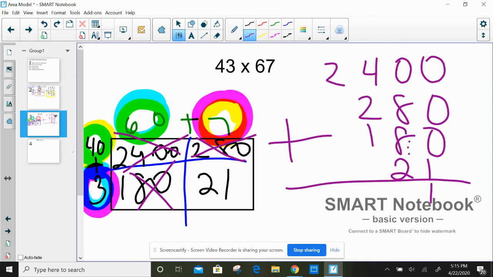So 1 plus all those zeros would just be 1. 8, 9, 10, 11, 12, 13, 14, 15, 16, 17, 18. Okay, 4, 5, 6, 7, 8. And the 2 just carries down.